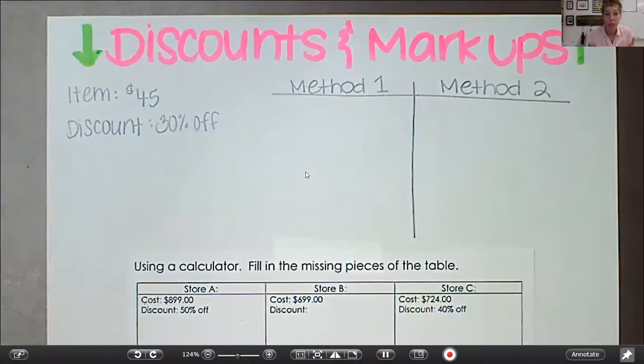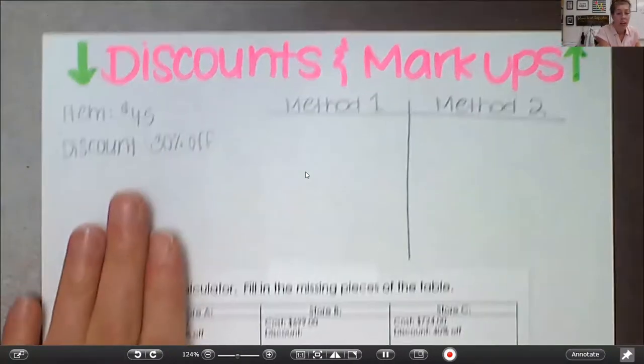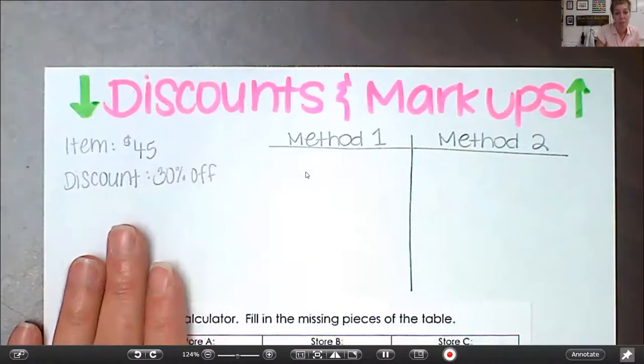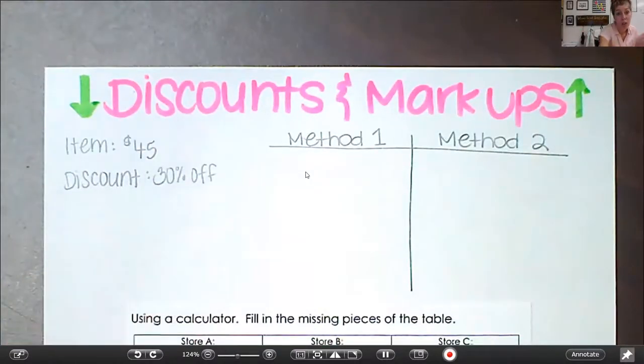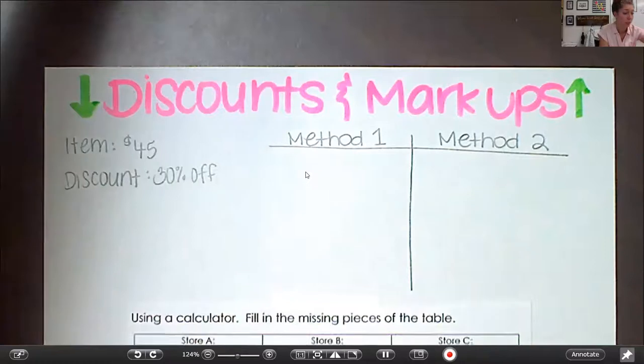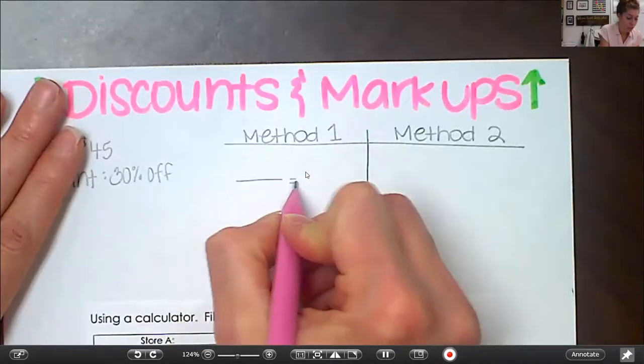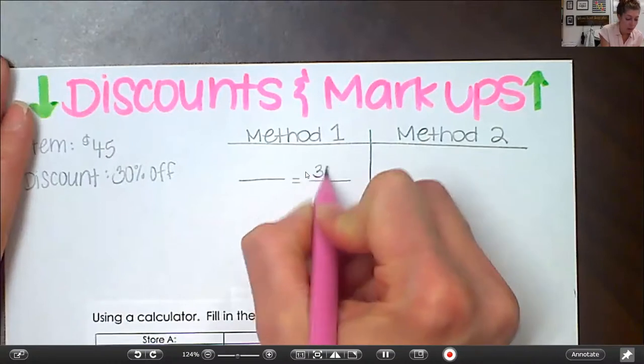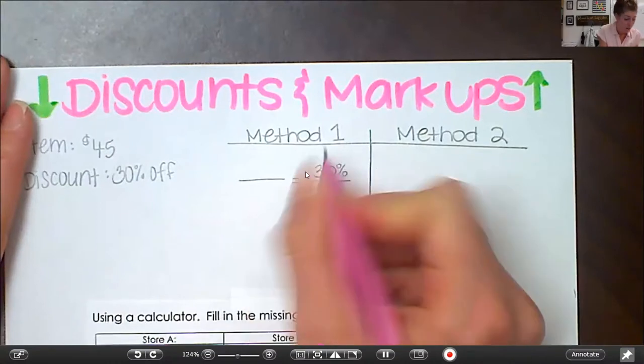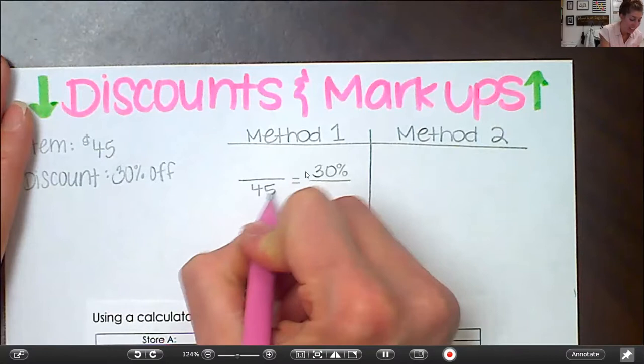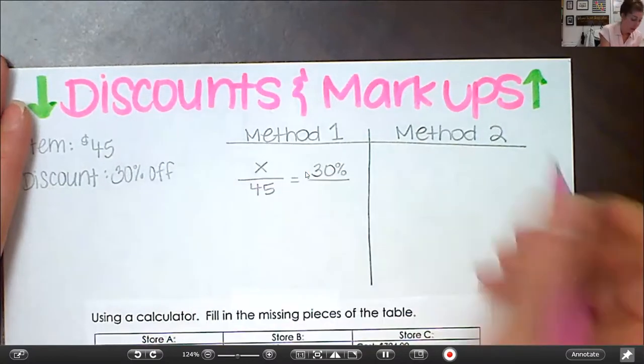So for example, there are 2 strategies you could do. If I have an item that's 30% off, how could I find the final cost? The first strategy is to find what 30% of 45 is, okay?